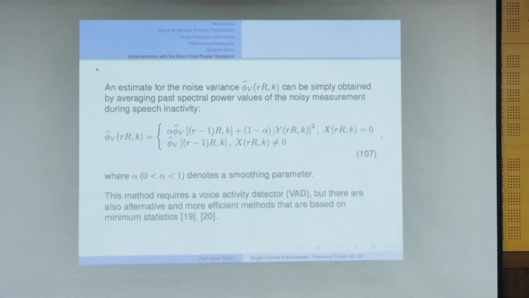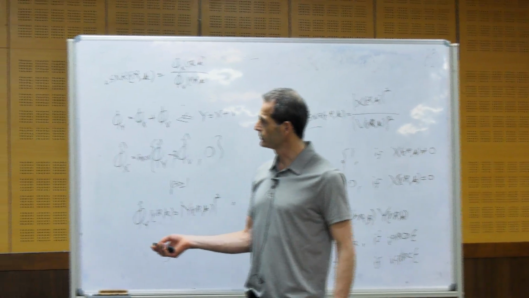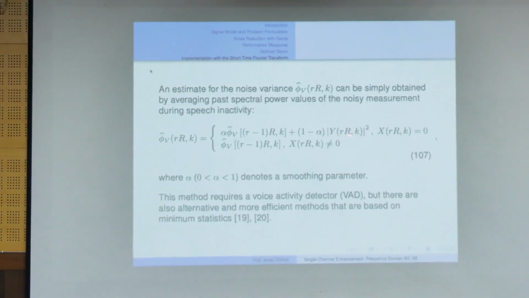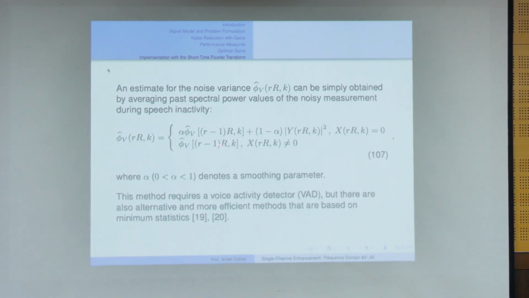Voice activity detection is not easy, but there are some algorithms for it. I can recursively average the noisy samples during inactivity of speech, and during activity of speech, I don't do any recursive averaging. So you need to work on that also.